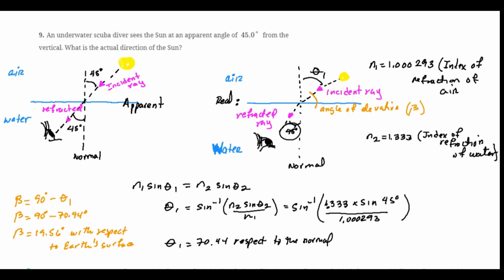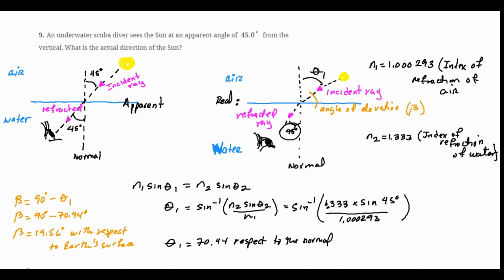And in this problem, we found then what is the actual direction of the sun. The apparent direction was 45 degrees from the normal, from the vertical, from the perpendicular to the surfaces of the air and water, on the boundary between the air and the water.